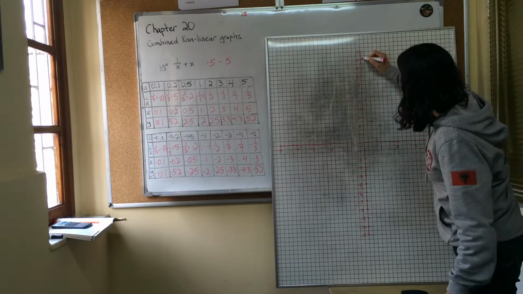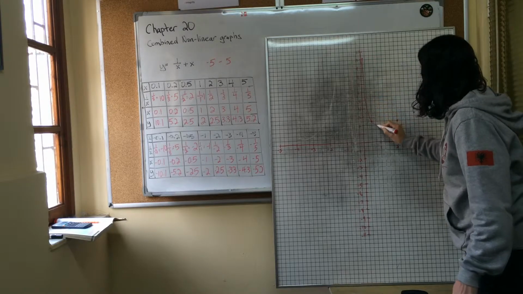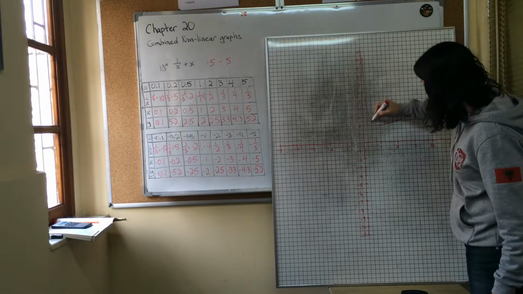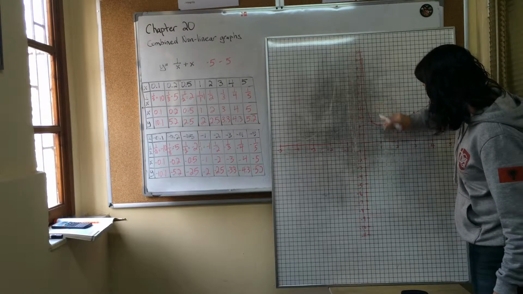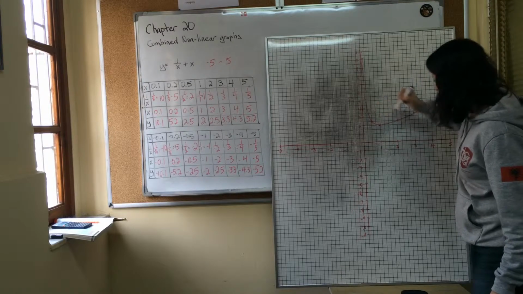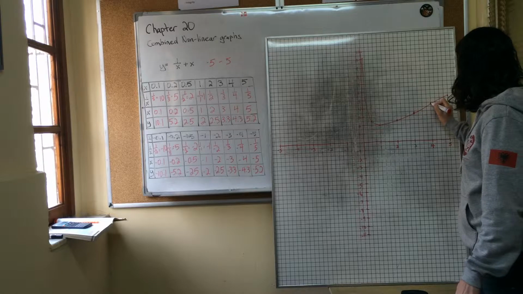So we began here in this one. It's going to look like this, and a little bump there. There we go. That's what this curve on this side is going to look like.